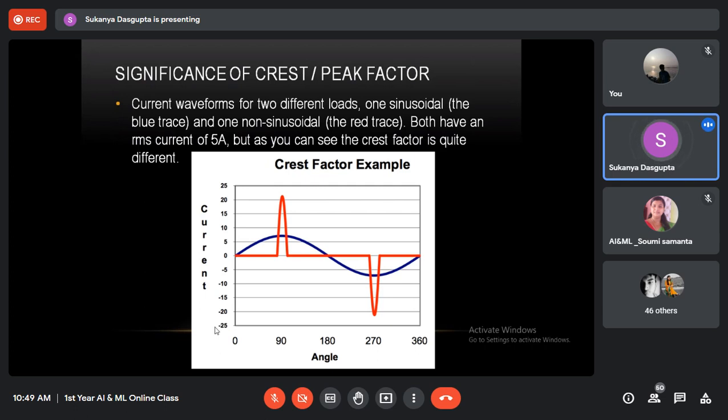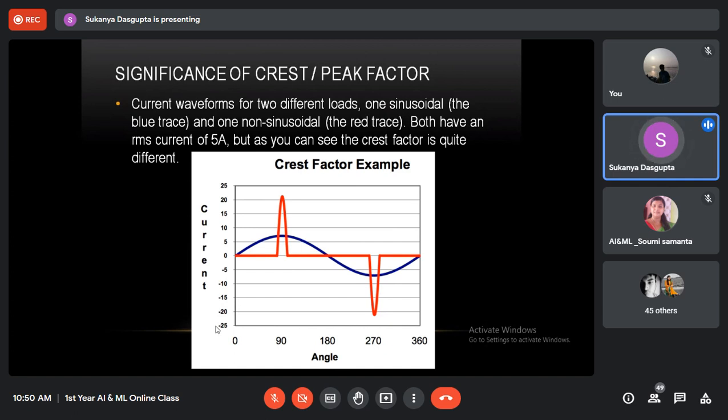Next one is the crest factor. Just look at these graphical responses showing two signals. One is the pure sinusoidal signal marked by blue color, and the other one is marked with red color, which is not a sinusoidal signal. You can see the peak value of the red signal is around 20.